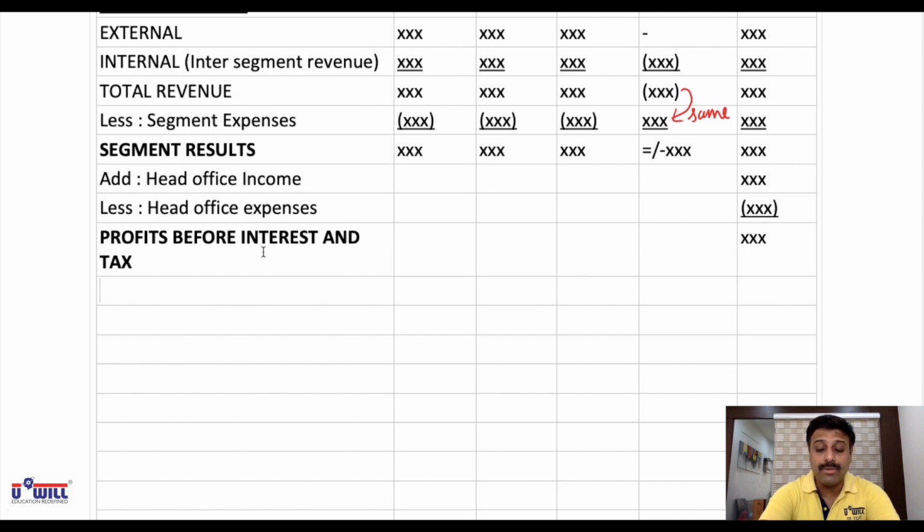Now from that we have to subtract interest, and then what we get is profit before tax.